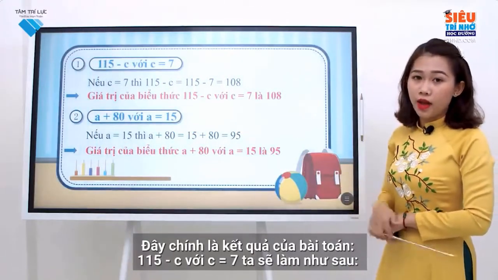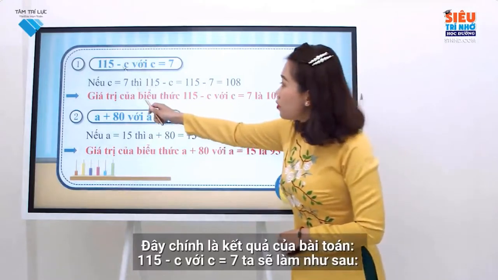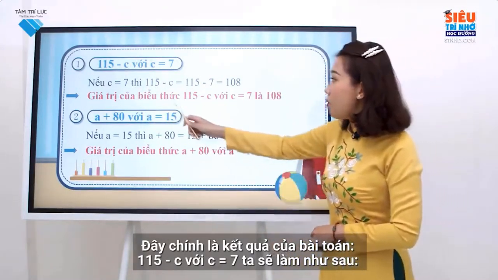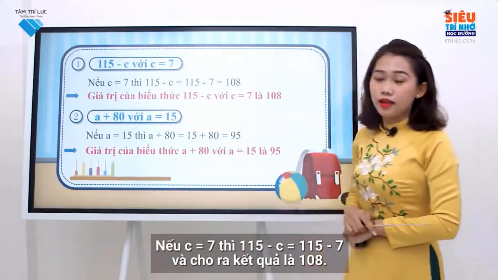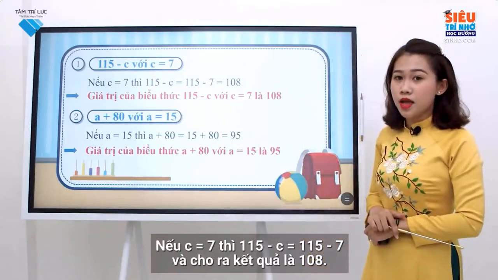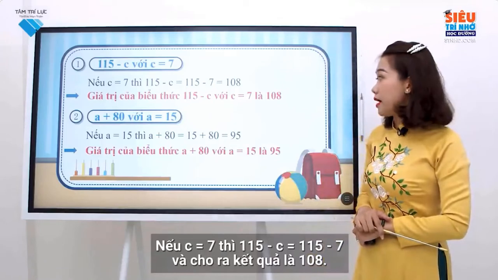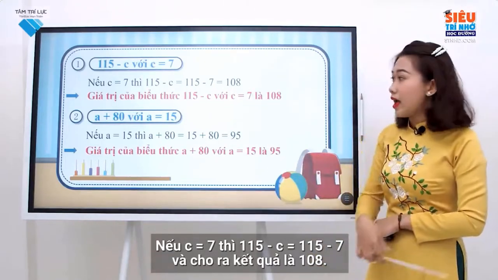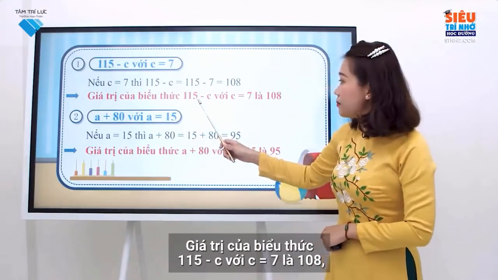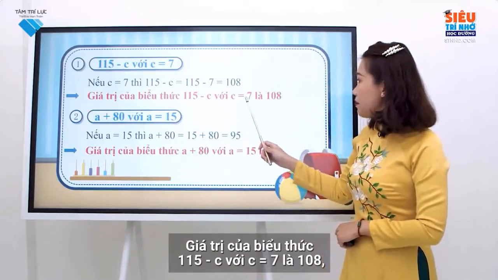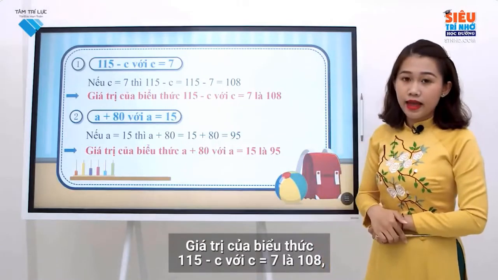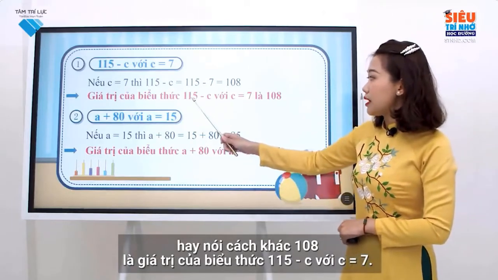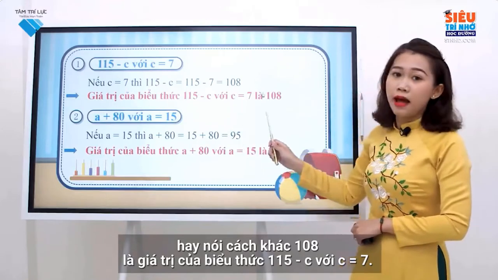This is the result. 115 minus c, and c equals 7, we will do the following. If c equals 7, then 115 minus c means 115 minus 7 equals 108. The value of the expression 115 minus c with c equals 7 is 108. In other words, 108 is the value of the expression 115 minus c with c equals 7.